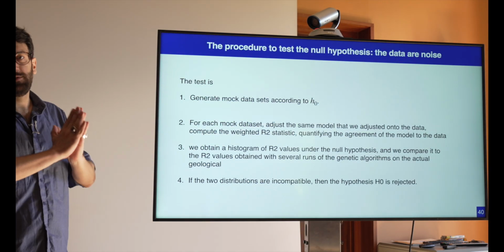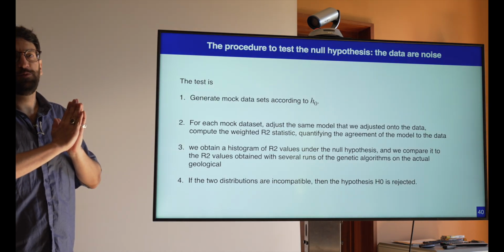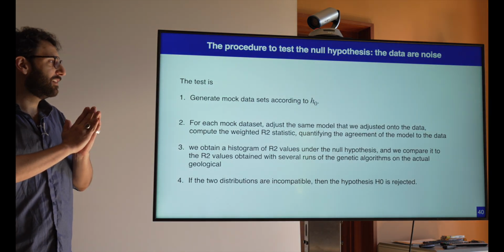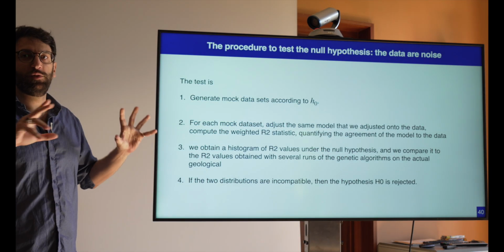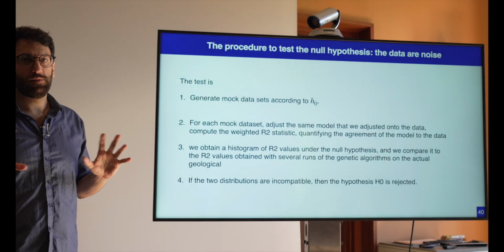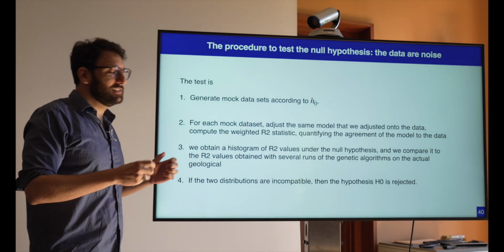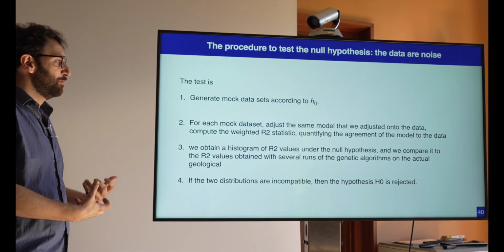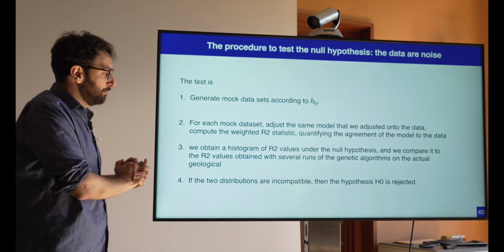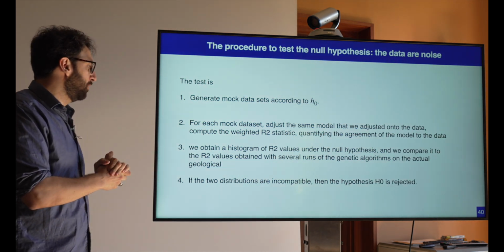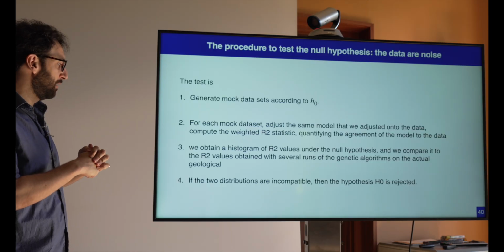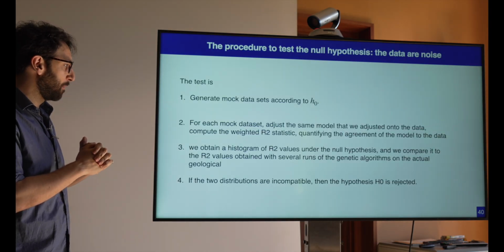I'm sorry, I tried to remove as much of the statistical formalism as possible, but this is inherently something that you do with statistical formalism. So if you want to discuss it in more detail, feel free to come to me afterwards.